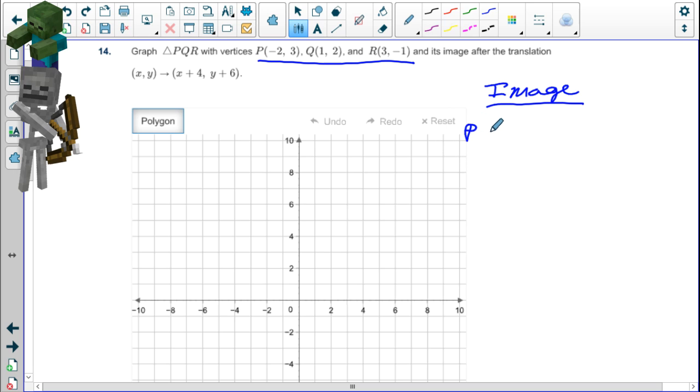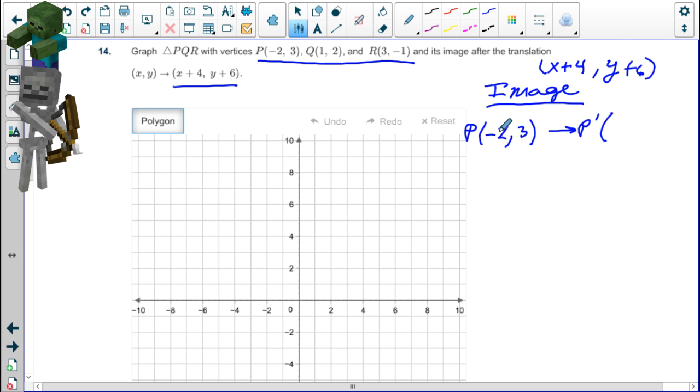So I go from P to P prime. I'm going to do a little different this time. I'm going to write P down over here. And so we're going to change it to P prime, right? And this is the pattern. You do X plus 4 and Y plus 6. So I'm going to bring that over here. We're doing X plus 4 and Y plus 6.